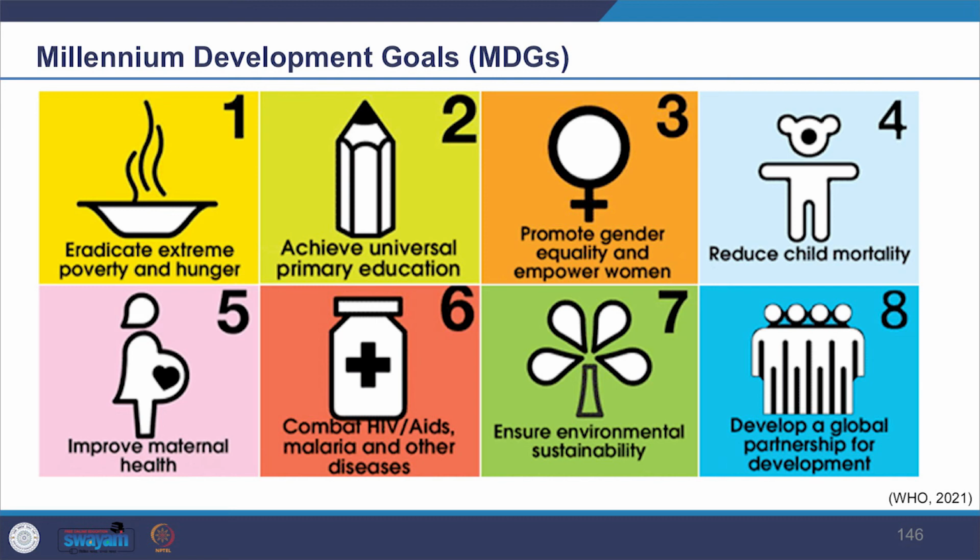The Millennium Development Goals established measurable, universally agreed objectives for tackling extreme poverty and hunger, preventing deadly diseases, and expanding primary education to all children, among other development priorities. Later, we see Sustainable Development Goals came in 2016.